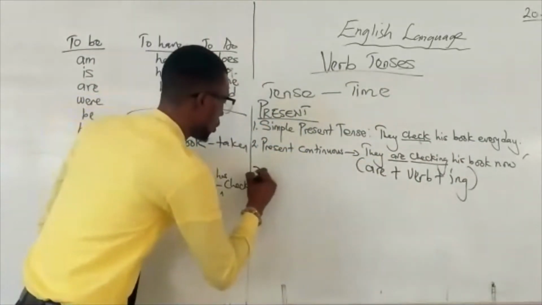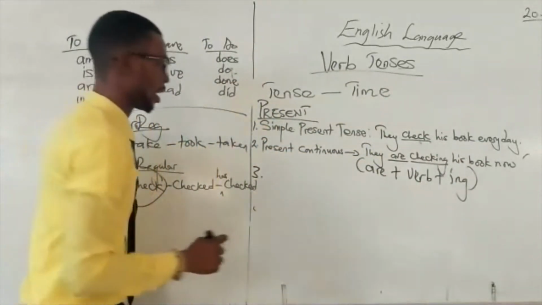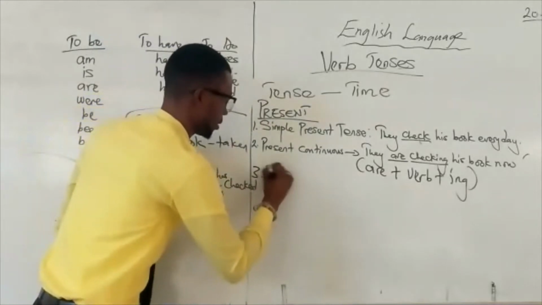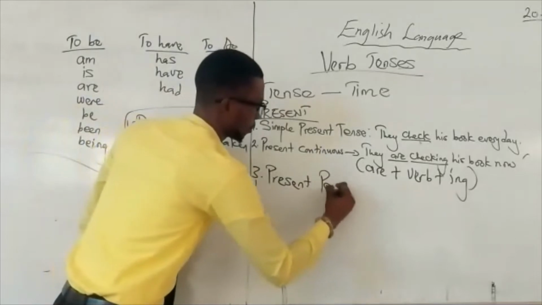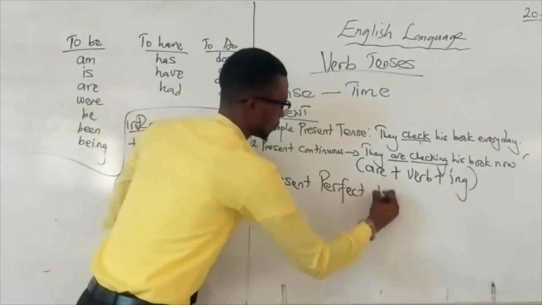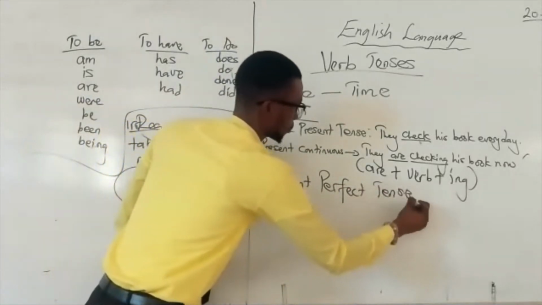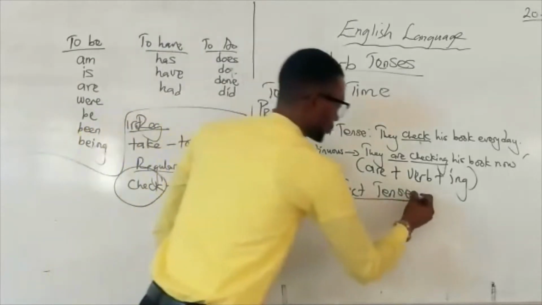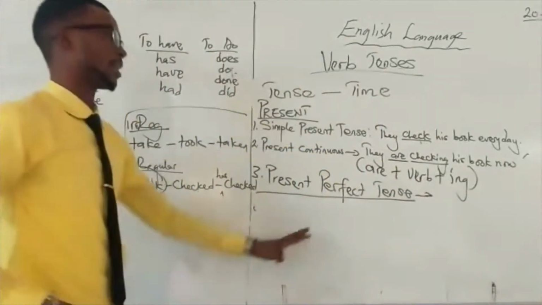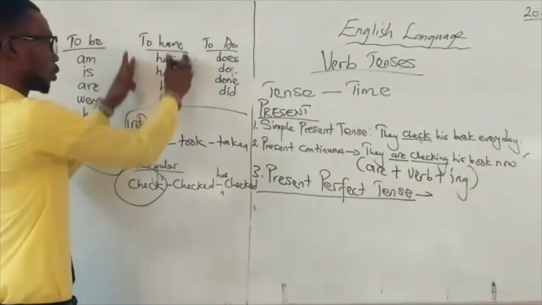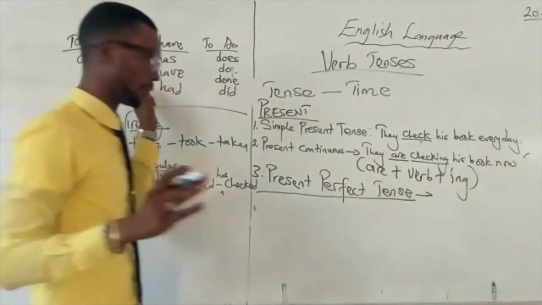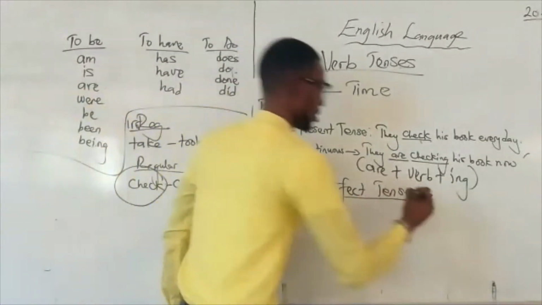The third one under the present is the present perfect tense. Now, under the present perfect tense, we are going to need a verb under the verb to have as an auxiliary verb. Now, it's like this.